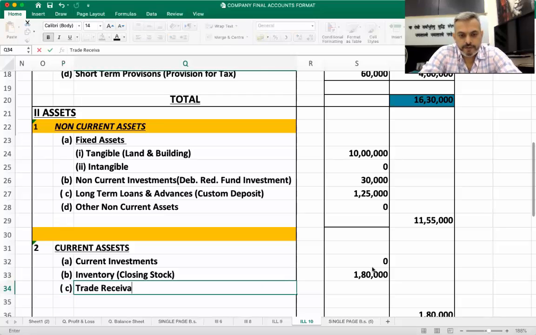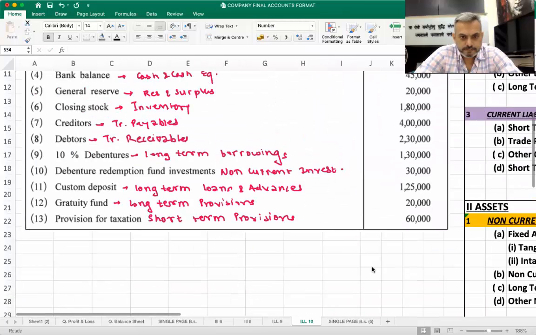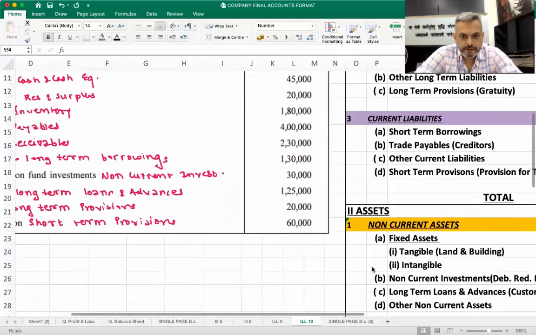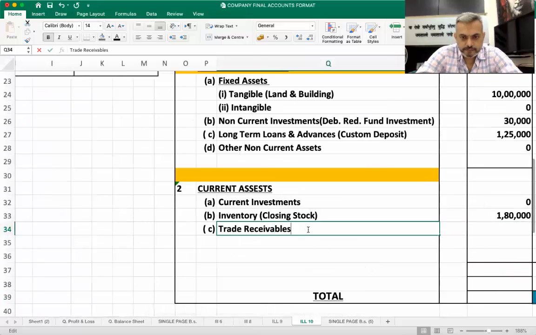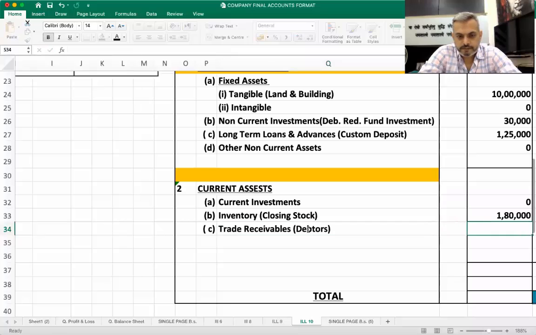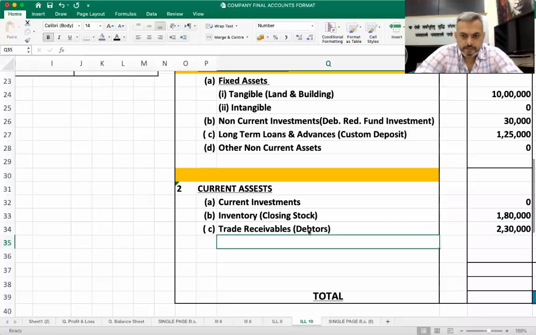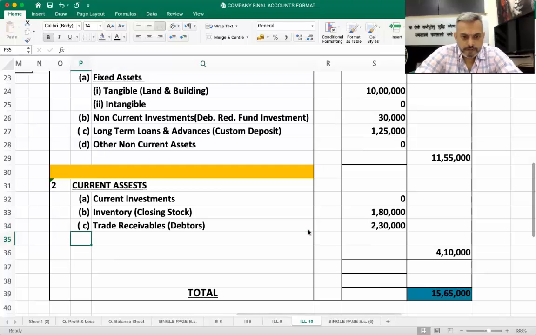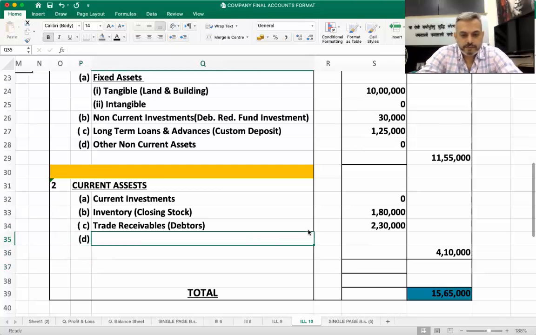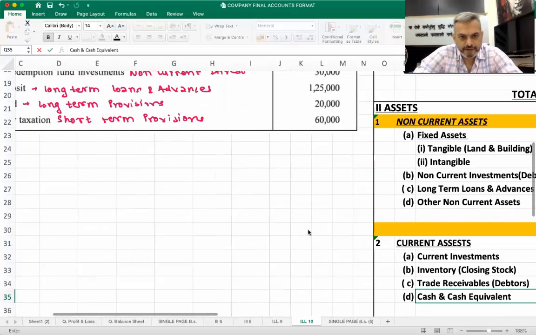Trade receivable, debtors, 2,30,000. Cash and cash equivalent. Now what do we have in cash and cash equivalent?